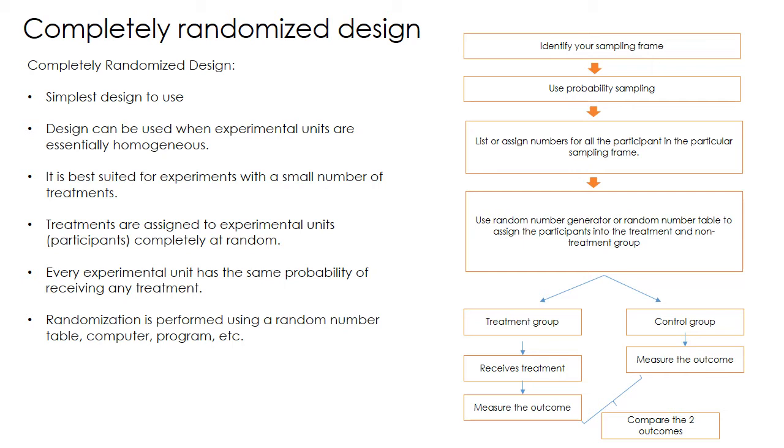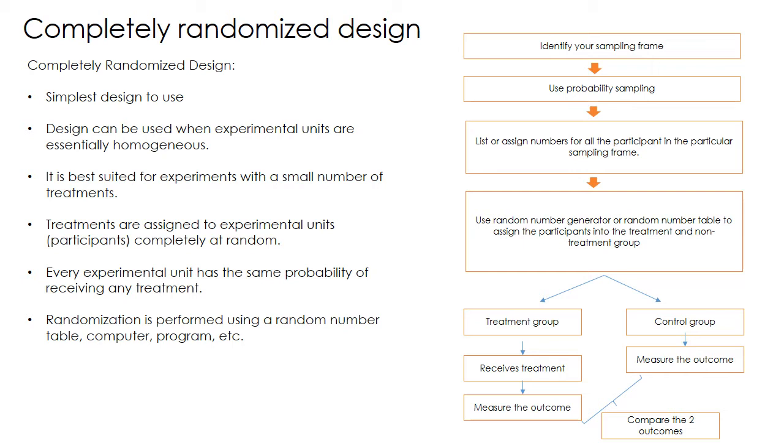So if you have a lot of treatments, you need a large group of people who are similar to assign them. So it is not applicable. So we usually use this design when you have a smaller number of treatments.